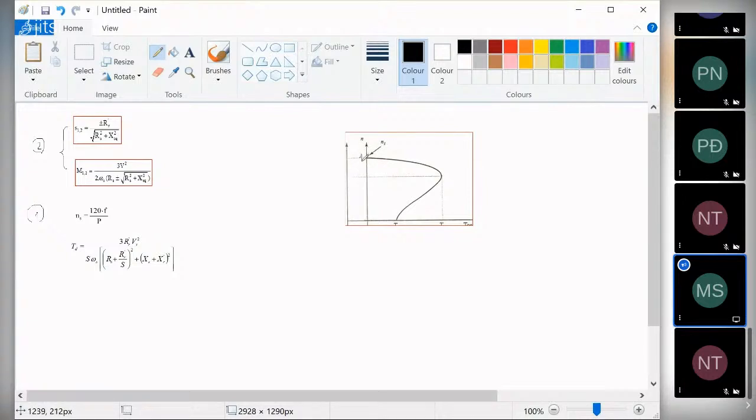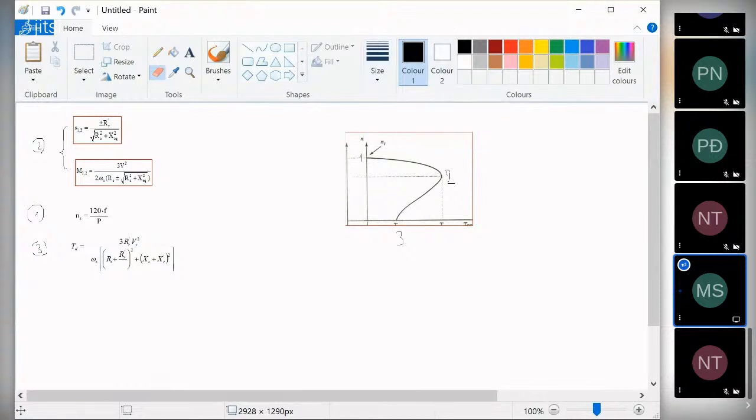Number three, we have starting torque. For starting torque, you can replace slip with the value one, so you can remove slip in this equation. Okay, this is starting torque. Do you agree with me? Okay. We will consider each type of speed control method.